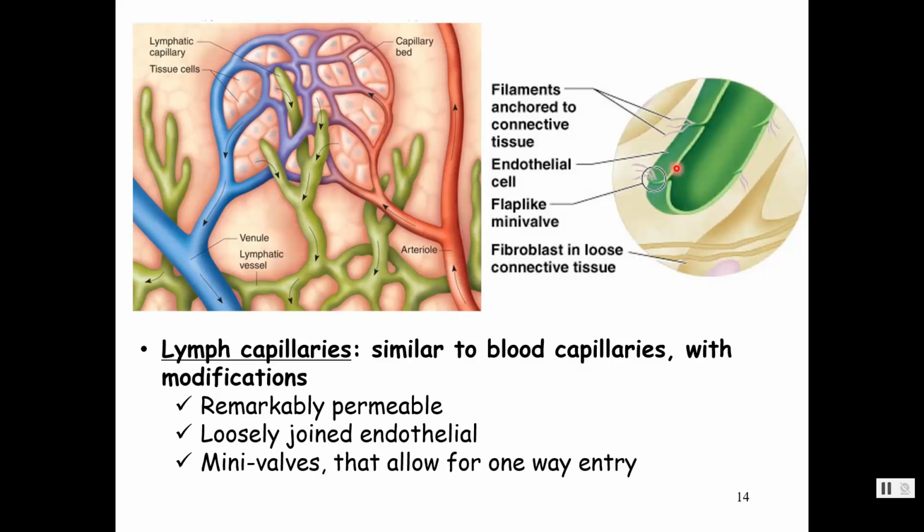And they are going to have these fibers. And what's going to happen is when the fluid out here accumulates, that increases pressure, and these are going to swing open like little doors. So they're really, really permeable. Anything that's out here can kind of fit inside of there, and then the doors will close. They also have mini valves that allow for this one-way entry and to prevent backflow.